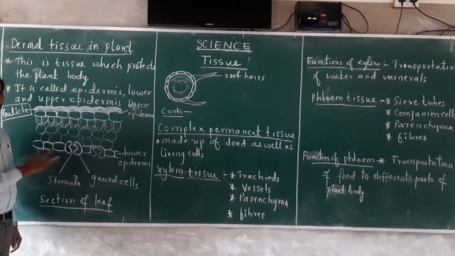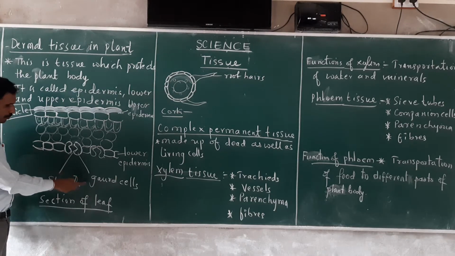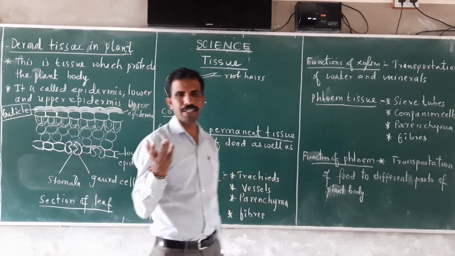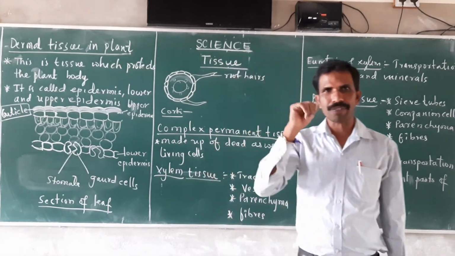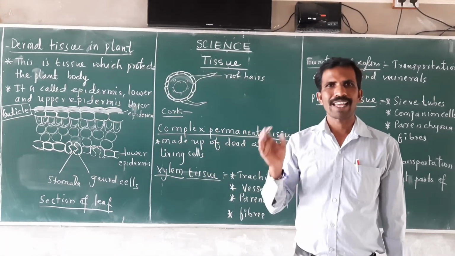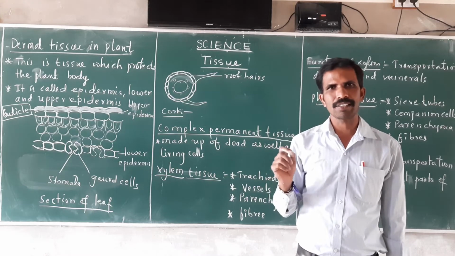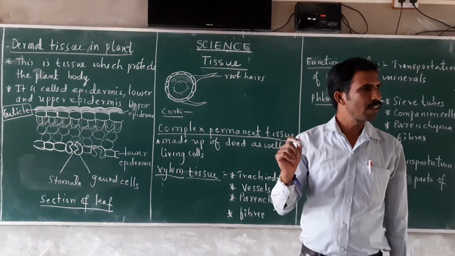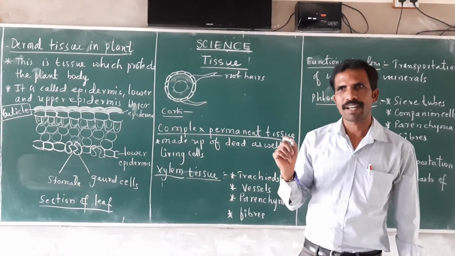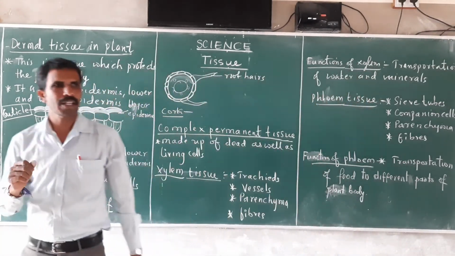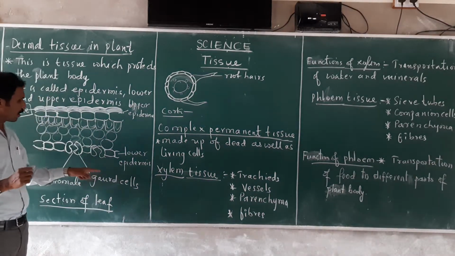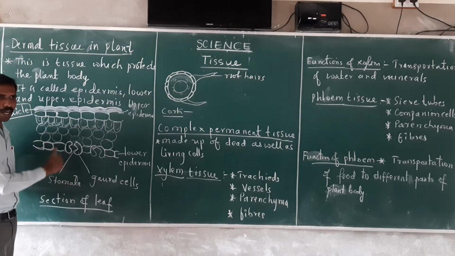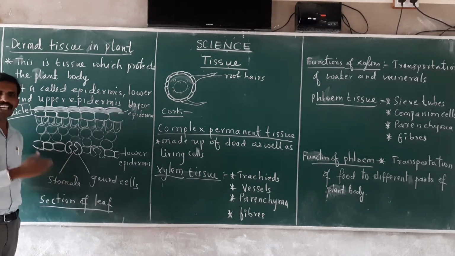These guard cells make up stomata. Stomata are small pores present beneath the leaf, on the ventral surface of the leaf, which help in the exchange of gases and removal of excess water from the plant body. That is the advantage of the guard cells. They make the stomata, and stomata help in the exchange of gases.